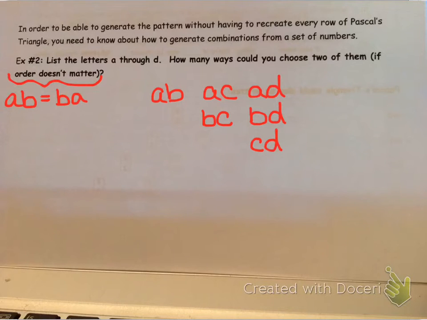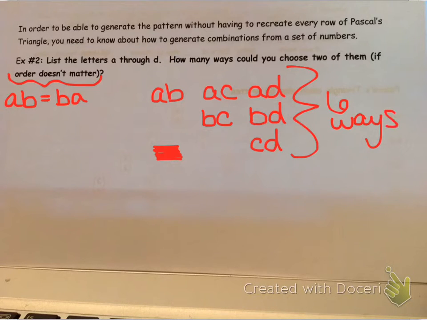Any other combination you could think of would be repetitive. For example, if I said I could have chosen C and A, well, that's the same thing as the AC that's already listed in the top row, so we wouldn't include it. Okay? And so what we've got here is a total of 6 ways that we could choose 2 letters out of the first 4 letters of the alphabet, if order doesn't matter.